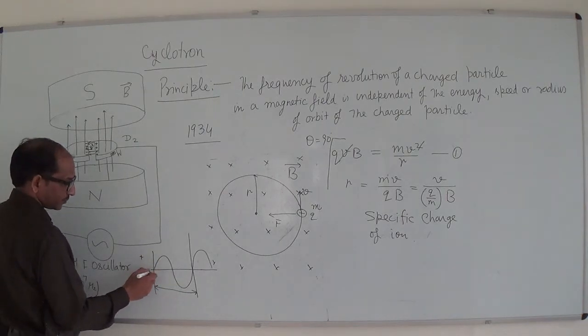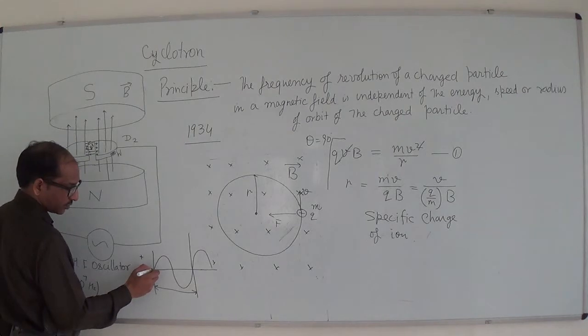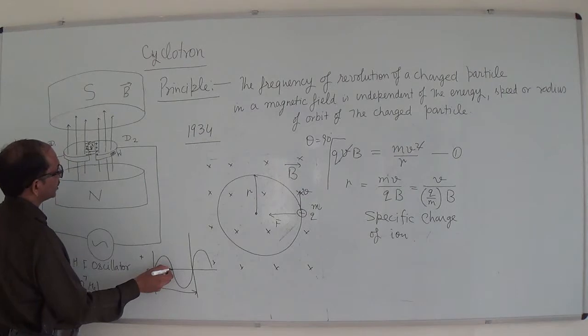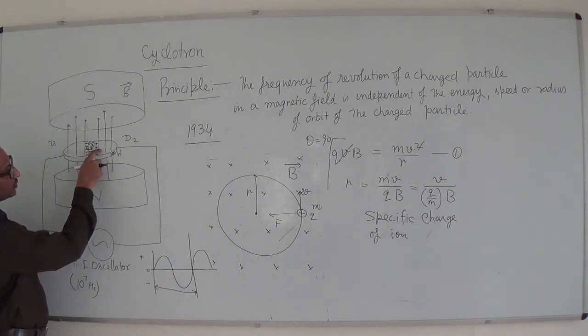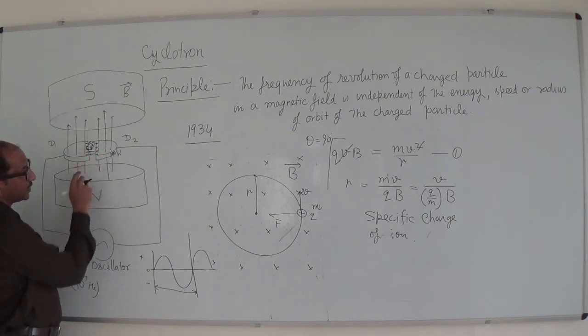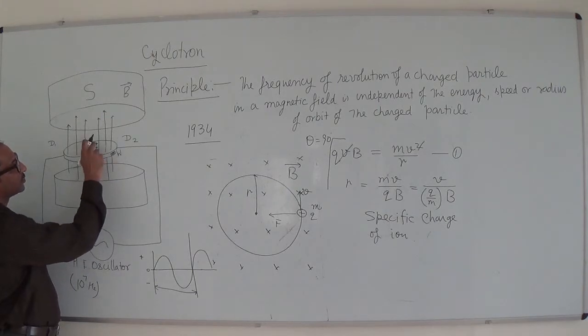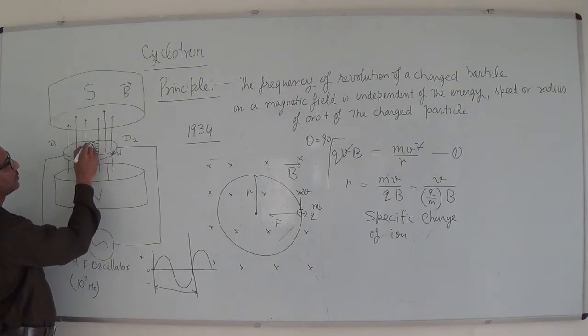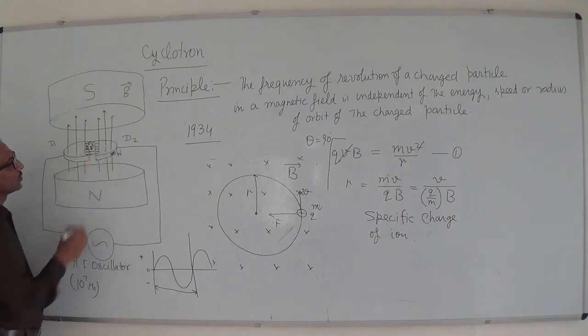Similarly, when it follows the path in D1, D1 is positive, and when it completes the path, D1 becomes negative and D2 becomes positive.